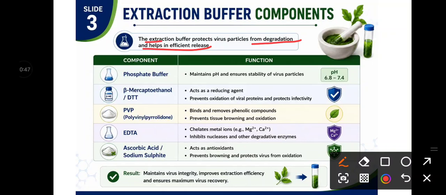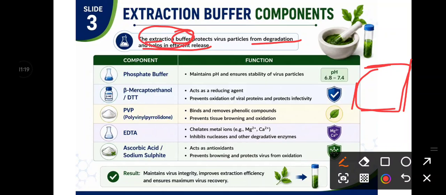The virus is inside the plant cell, so it will degrade the plant cell wall or membrane and make the virus available. It will release the virus from the plant cell. And second, the buffer will maintain a proper condition so that the virus particle remains stable and does not degrade. So this is what the extraction buffer means.